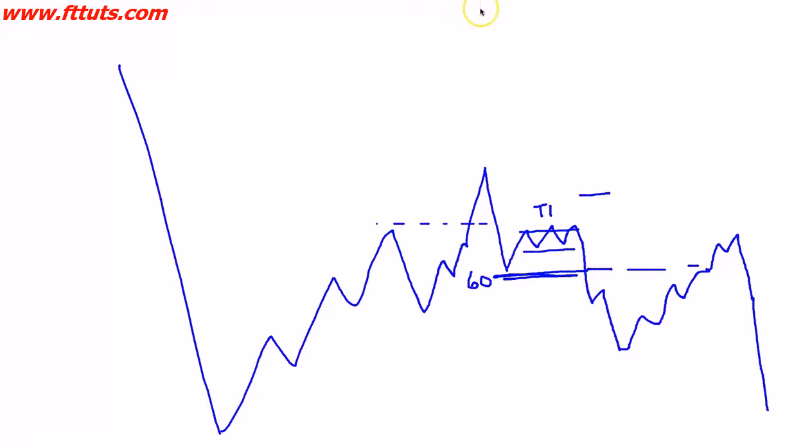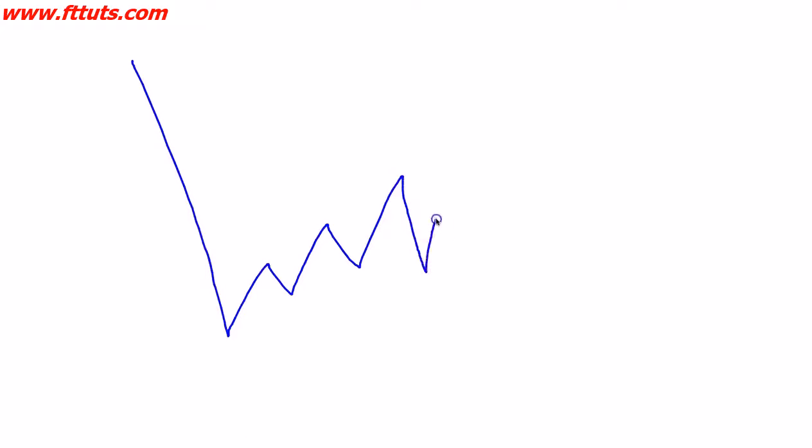A normal design, okay, so this is one of the variations. So a normal design is simply this. Okay, this will normally is this design where you have your ranges, and then he finally starts to come down, make lower lows, but he doesn't make a lower low from the V formation guy.